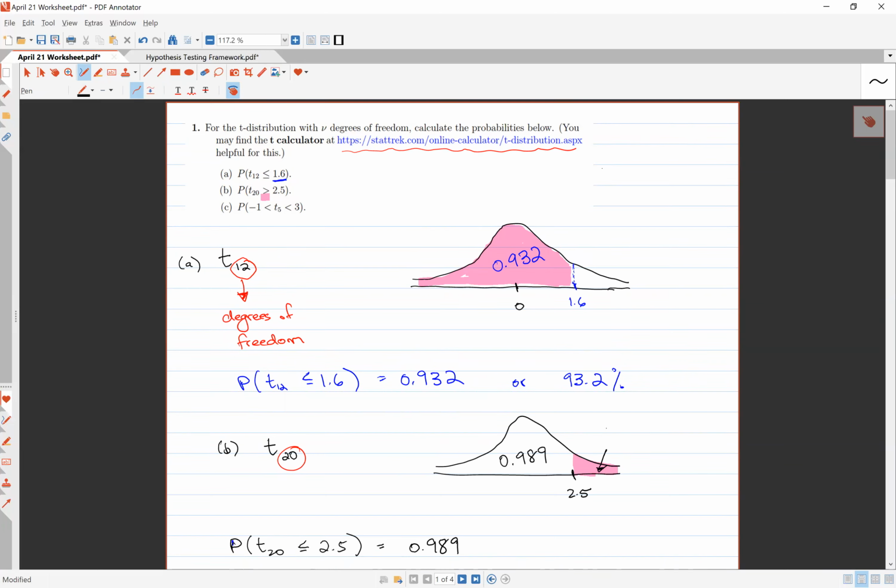It does not matter whether you say less than or equal to on these t-distribution calculations. Same goes for the normal distribution.